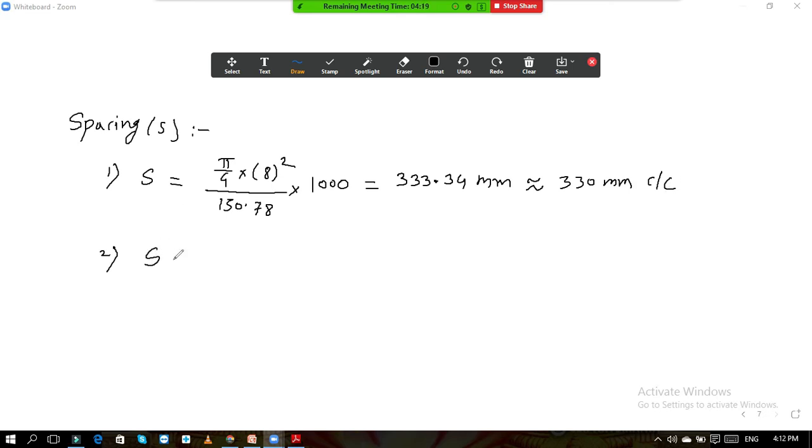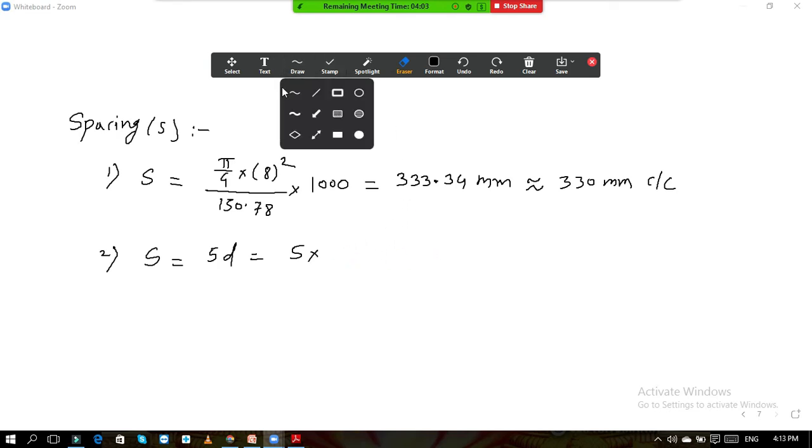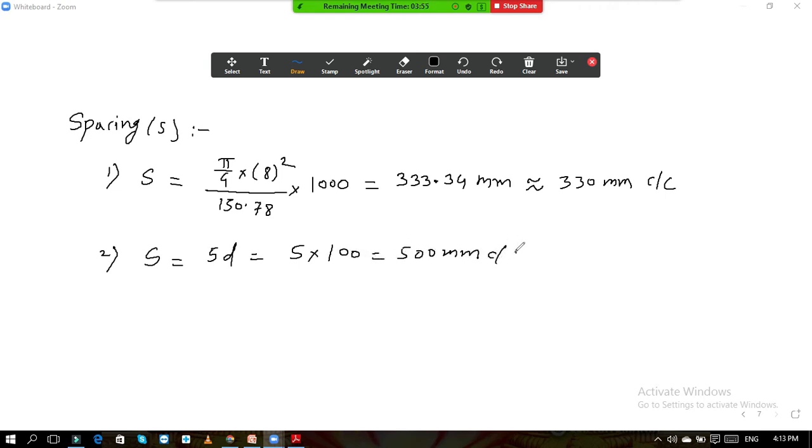After that, again spacing S is equal to 5D. 5 into D, where D is not 120, it is 100, which is 500 mm center to center.